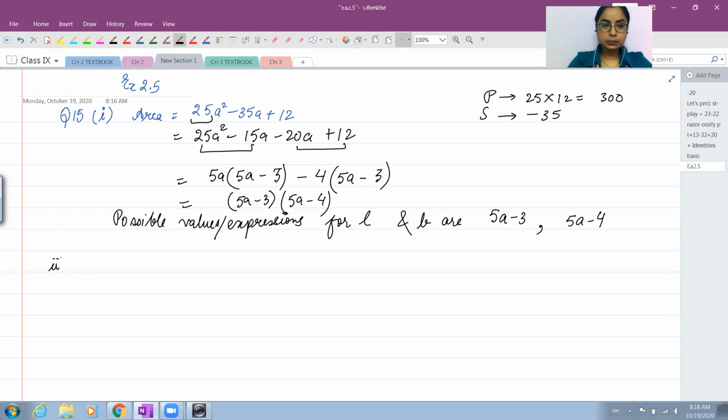Similarly, you can do the next part. The area is given as 35y square plus 13y minus 12. So the product required is 35 multiplied with minus 12. Now you need a negative product, and the sum required is positive 13.